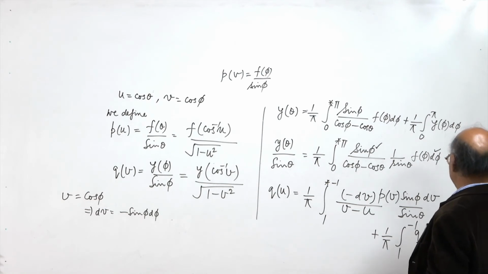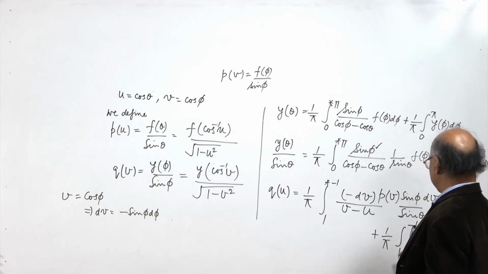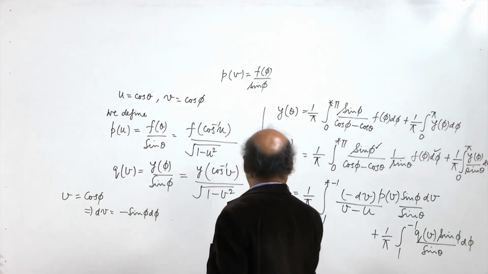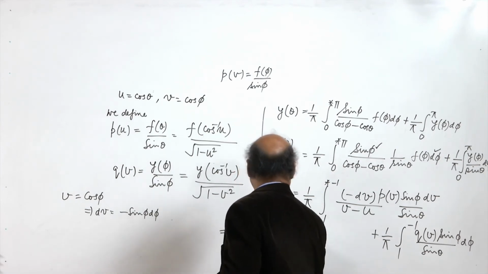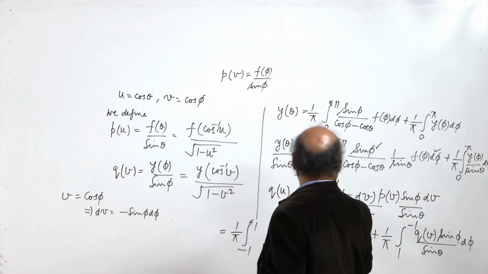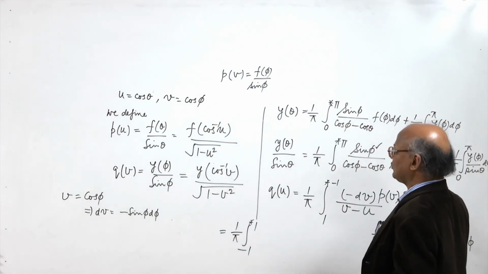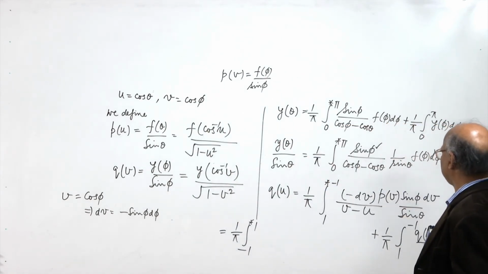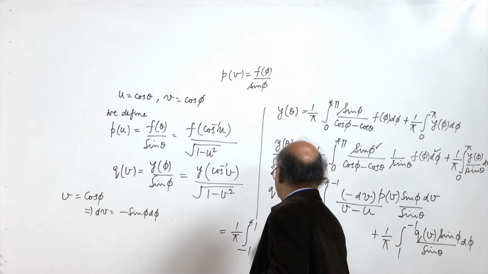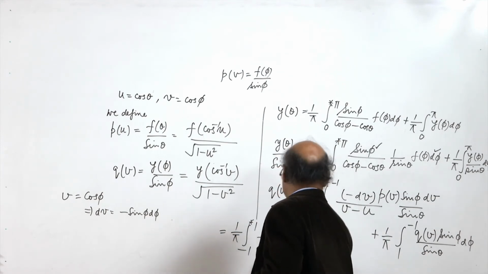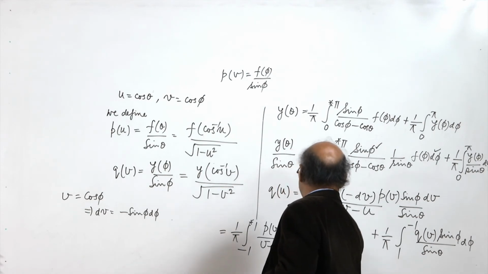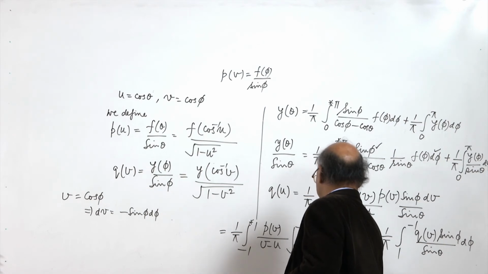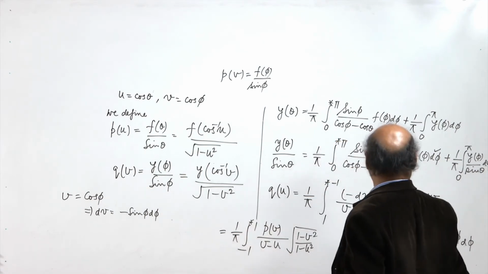Sin phi d phi is minus db, so we get minus db, and this changes to minus 1 to 1. We have 1 over pi, integral from minus 1 to 1. Sin phi is square root of 1 minus b square, and sin theta is square root of 1 minus u square. What we then get is Pb upon b minus u, square root of 1 minus b square upon 1 minus u square, db.